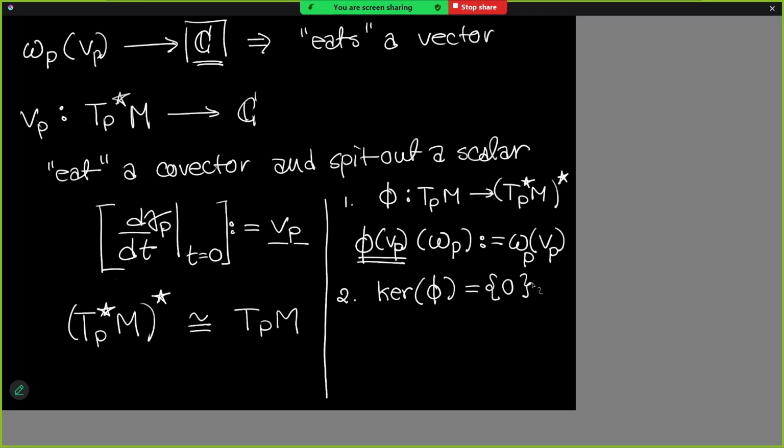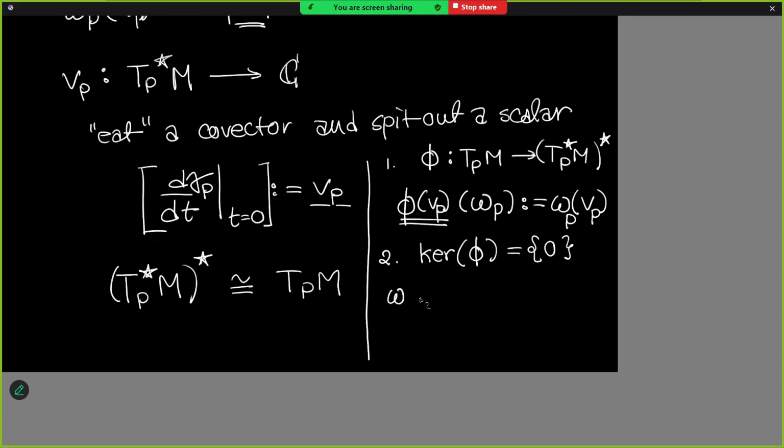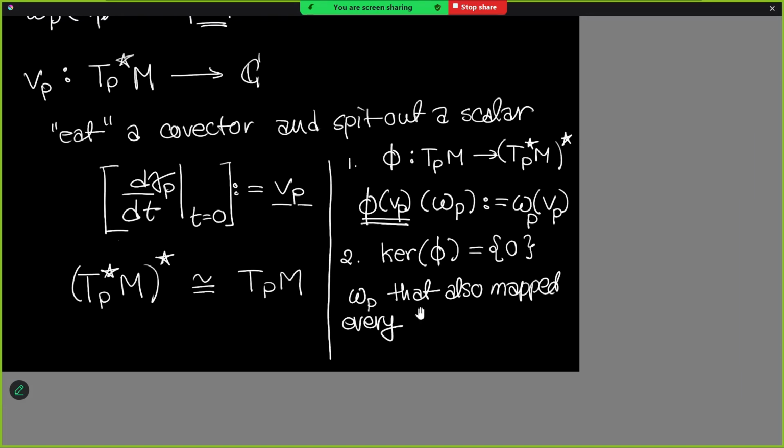If it didn't contain only the 0 vector, then we would have a linear functional omega_p that also mapped every v_p to 0.